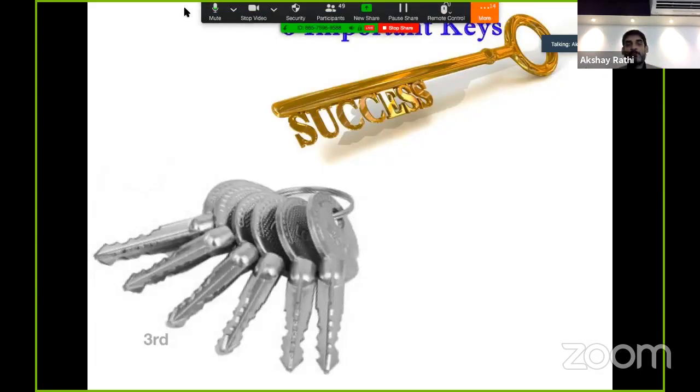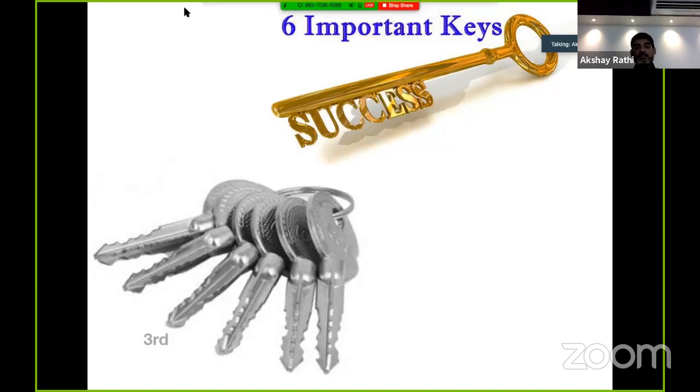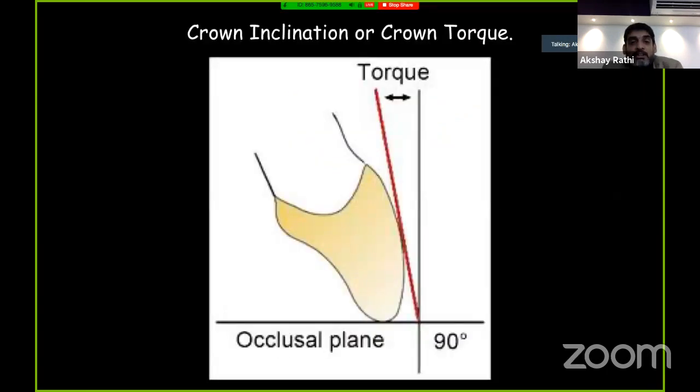Now let us come to the third key. Third key is slightly more tricky than the first and the second ones. The third key relates to the labiolingual crown inclination. This is the torque of the crown. Now this is not visible from the front. This is not visible in the oral cavity per se.